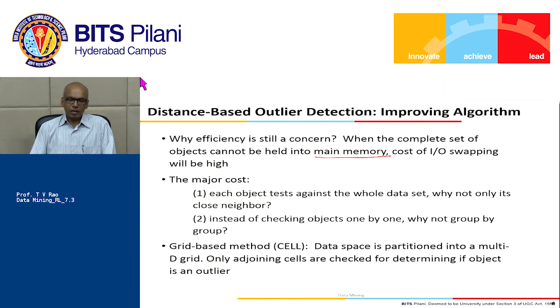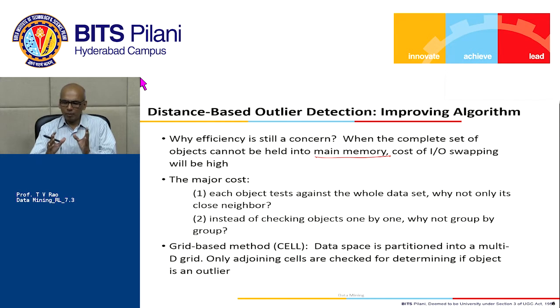And as we know, if we have a large data set spread over a large region, the neighbors will not come from the entire data, but only from the data which is somewhere close to the object.